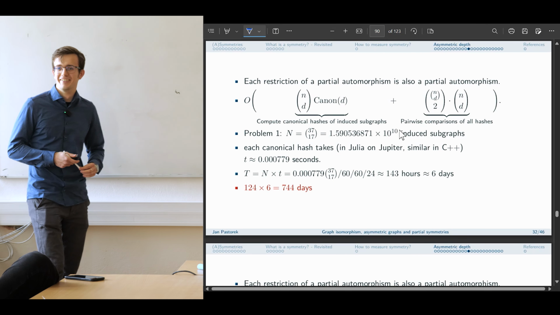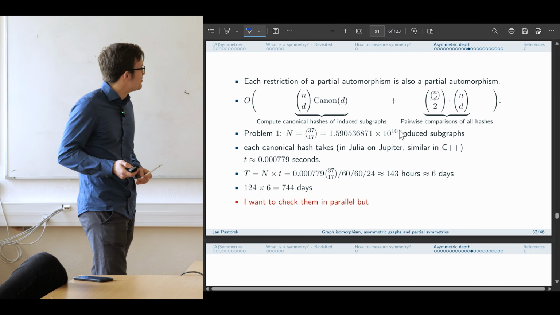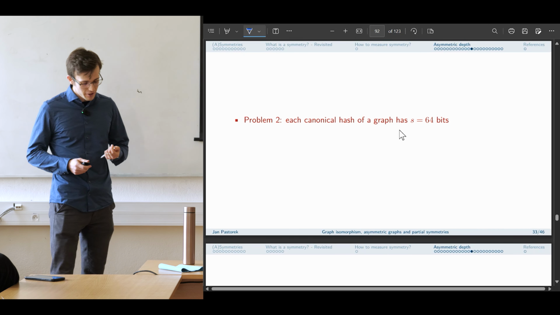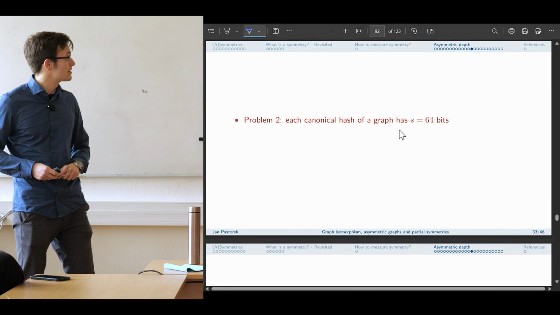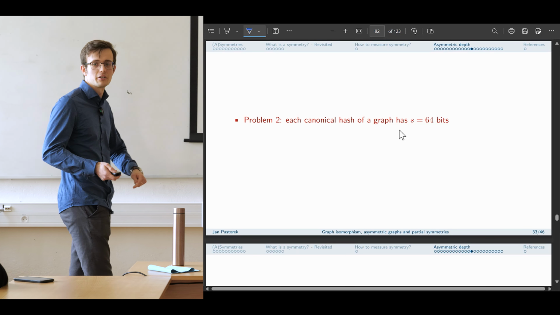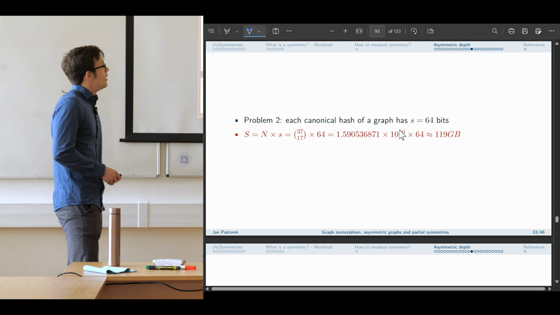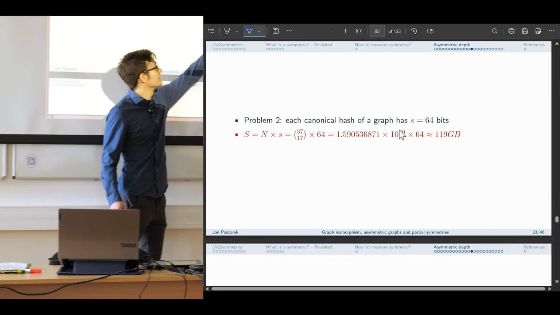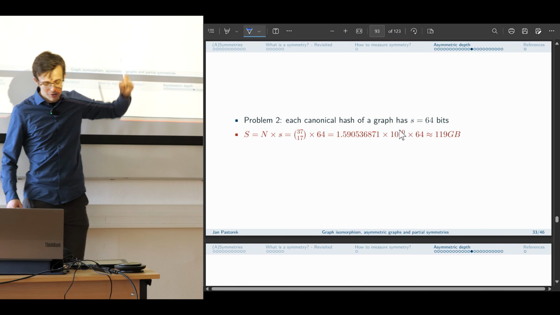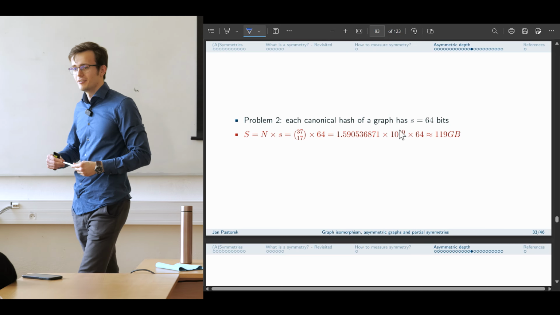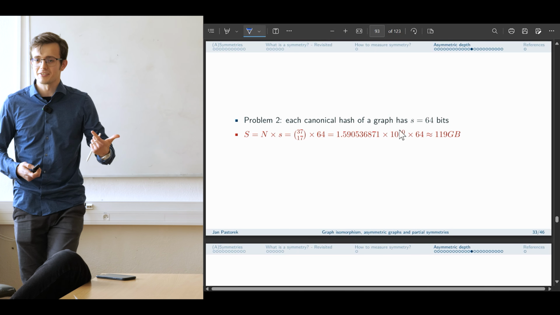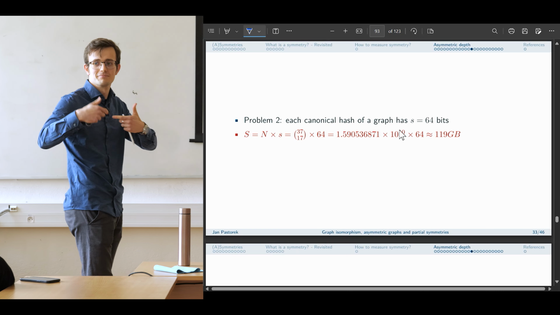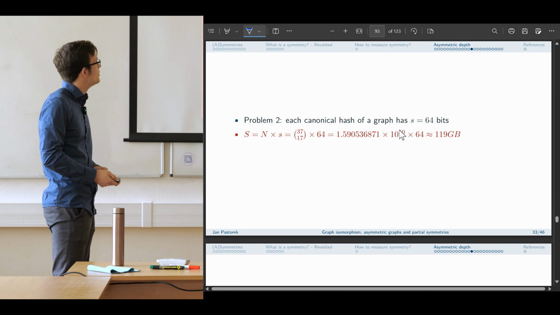So I want to check them in parallel, but the problem is that each canonical hash takes 64 bits, and this cannot be reduced. So if you compute this again, you will get that you will need at least 120 gigabytes of RAM if you want to be fast, right? Because if you store it on the SSD, you are getting some overhead there.